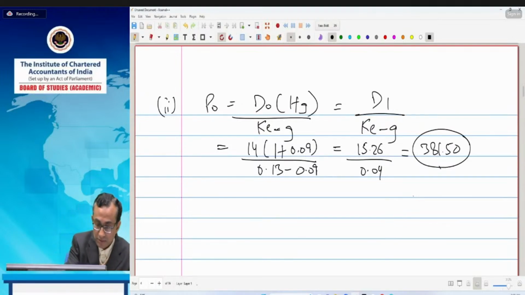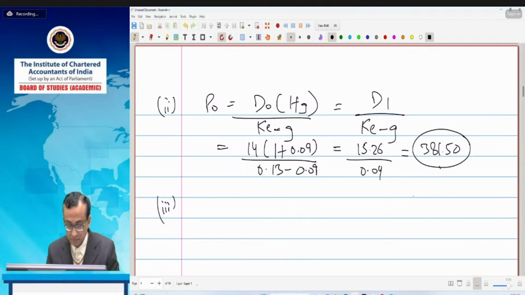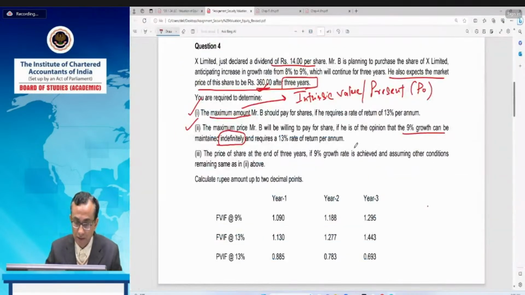Now come to the third point. What is it asking in the question? The price of the share at the end of 3 years, if a 9% growth rate is achieved and assuming other conditions remain the same as in 2 above.